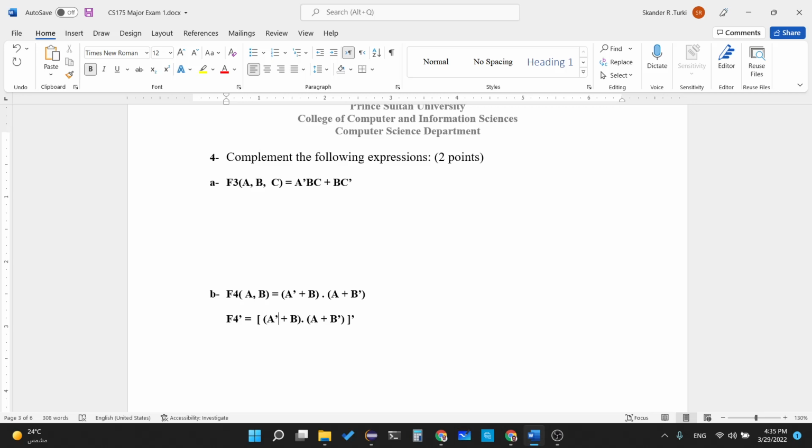Yes. I just copied everything between parentheses and I put a bar here.